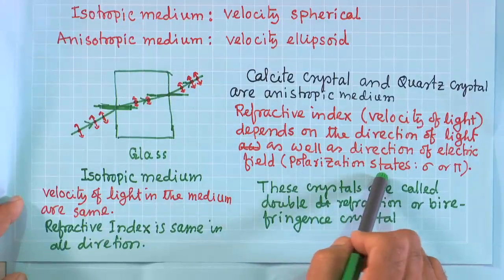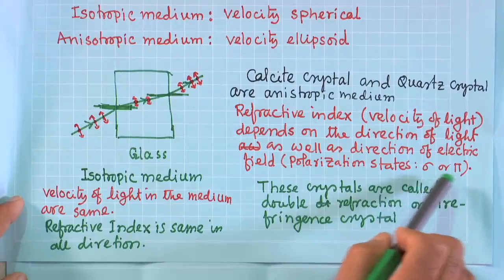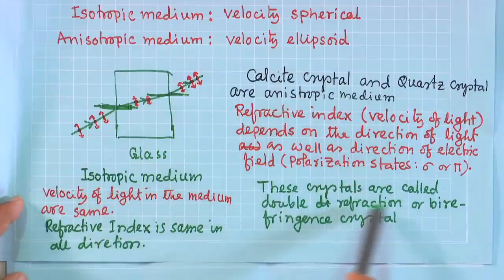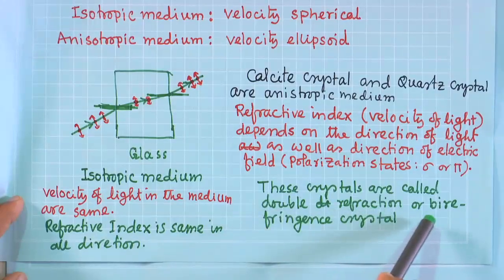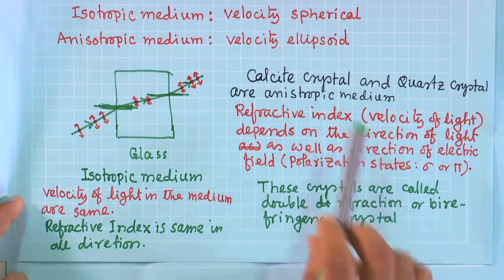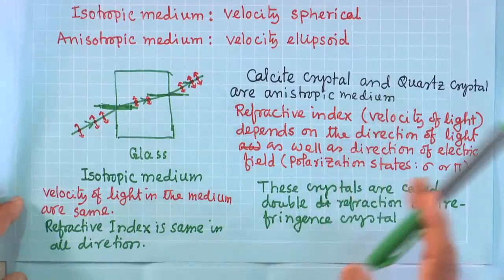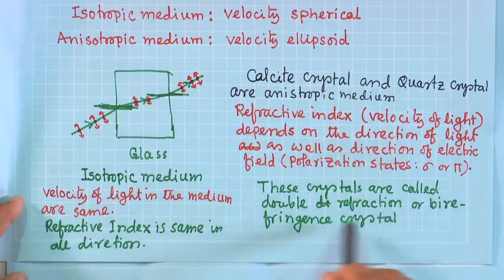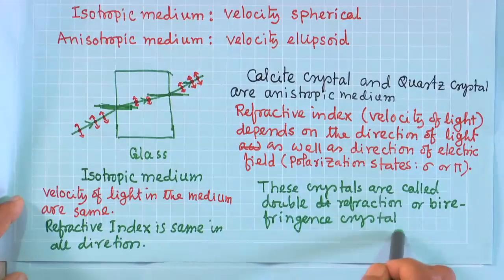Polarization states are of two types, either sigma polarized state or pi polarized state. So, these crystals are called double refraction or birefringence crystals. Calcite and quartz are such crystals, and there are other crystals also.